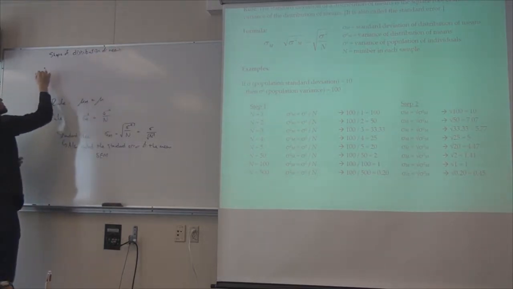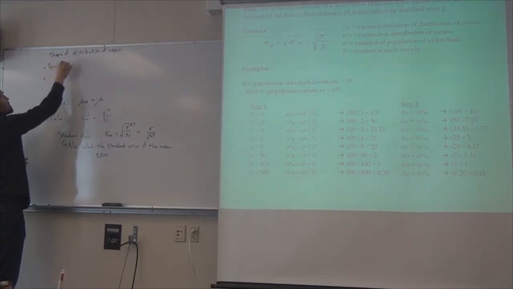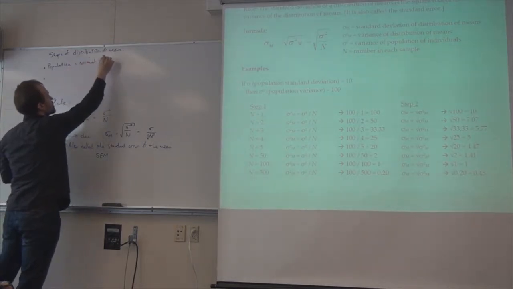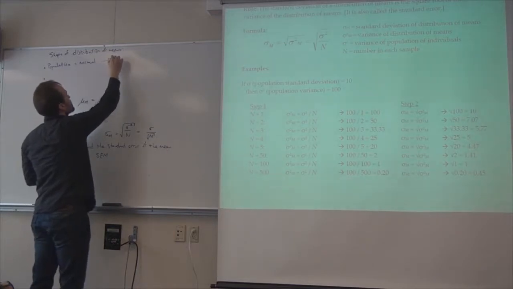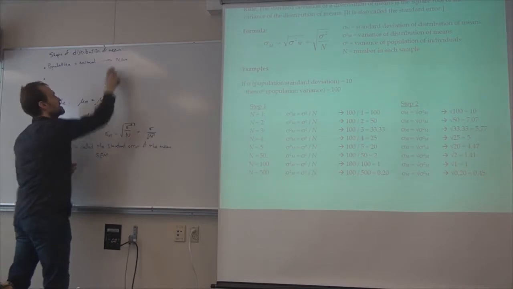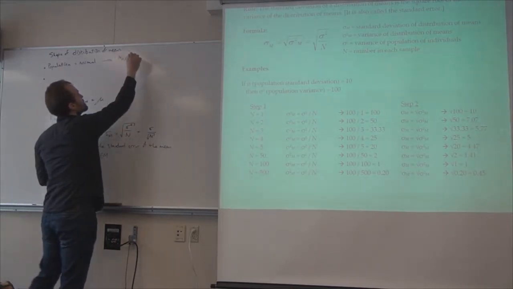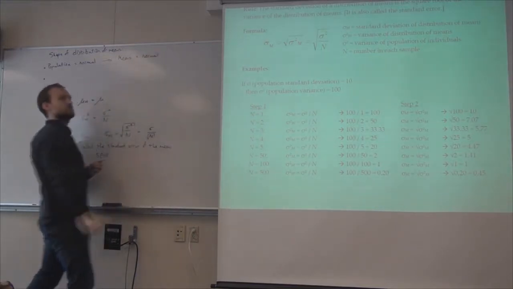Two things. If the population, I'll just write it like this, is normal, then the means will have a normal distribution as well.